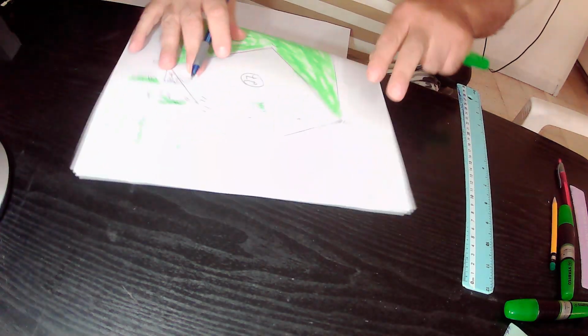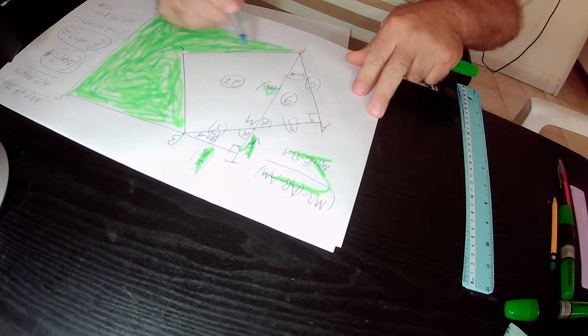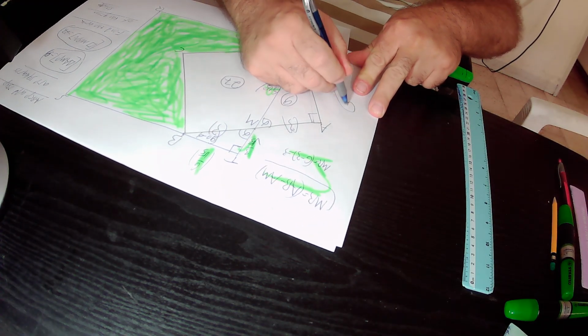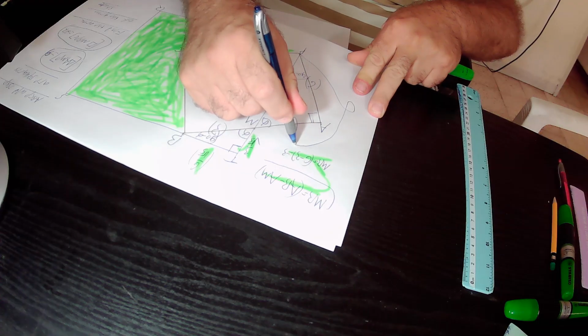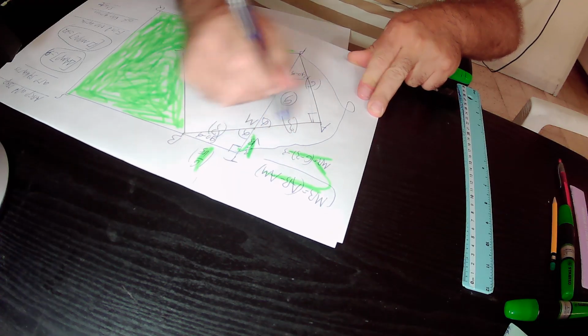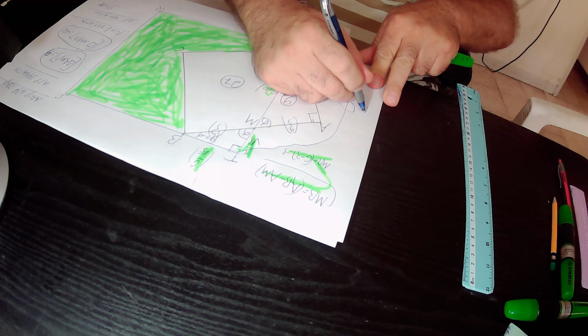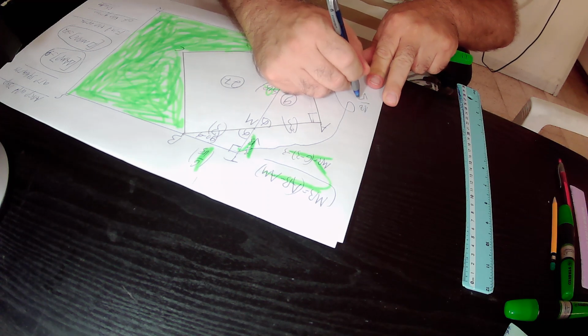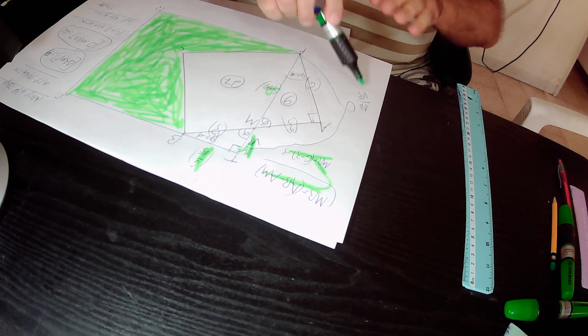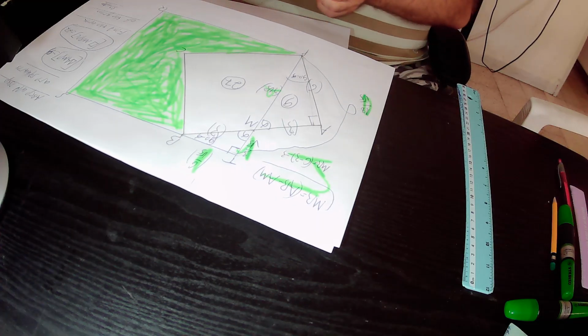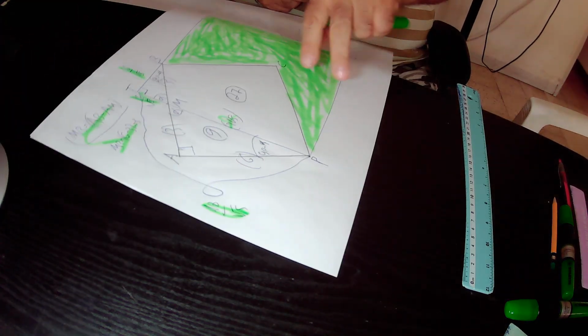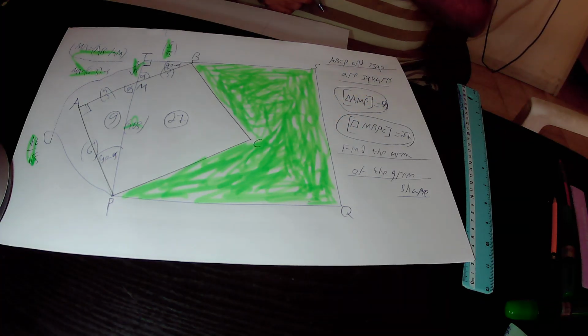So as you know, TP equals 18 over square root of 5 units in length. Our task is to find the area of this green shape.